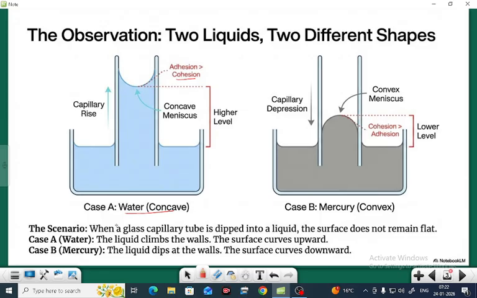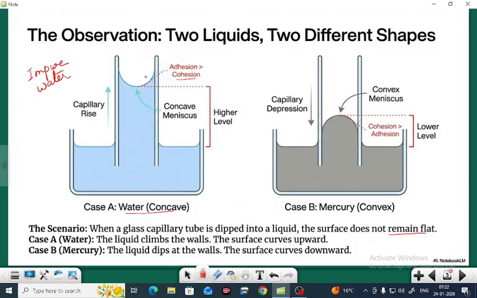Okay, and here you see the scenario. When a glass capillary tube is dipped into a liquid, the surface does not remain flat. Case A is water, but remember, this is impure water. In impure water, the liquid climbs the wall, the surface curves upward.